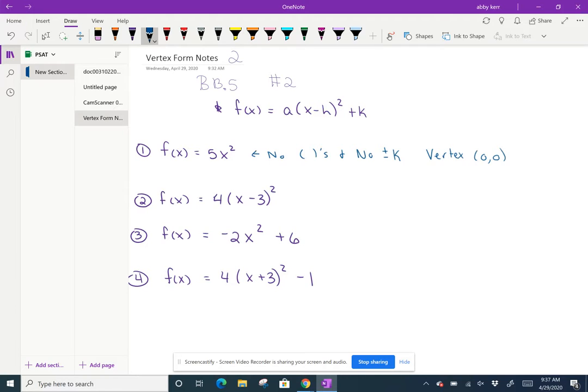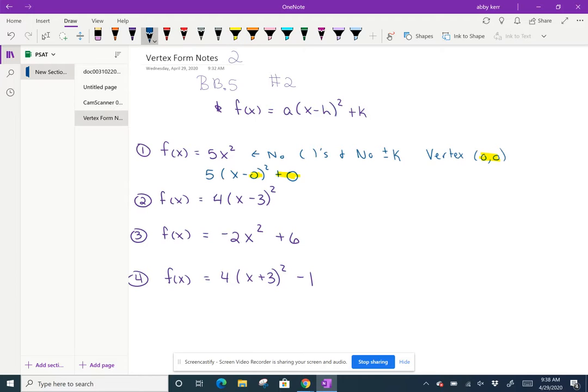It will always be like that if you don't have parentheses and if you don't have a plus or minus. So I talked about that in the one video, because the number that's not there is 0, and there's no number here, so that's 0. So that's just something that you need to memorize, that if there's no parentheses and there's no plus or minus k, the vertex is always 0, 0.